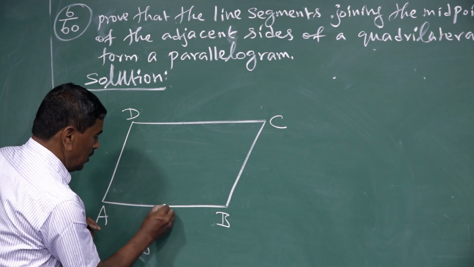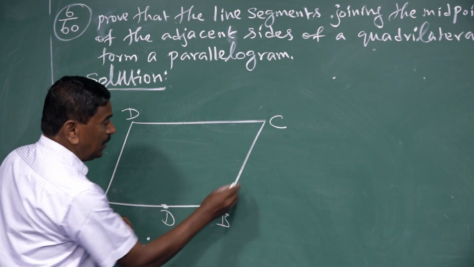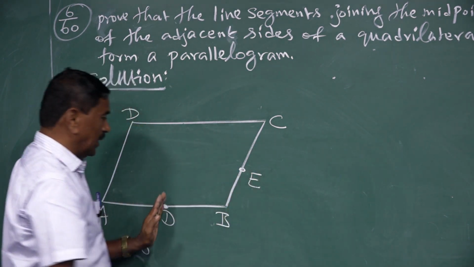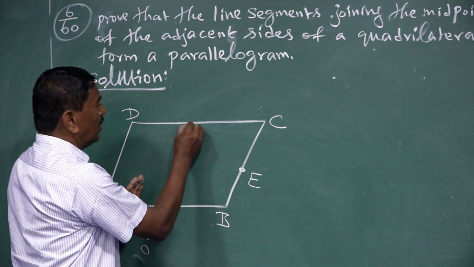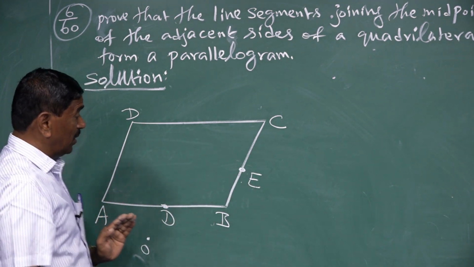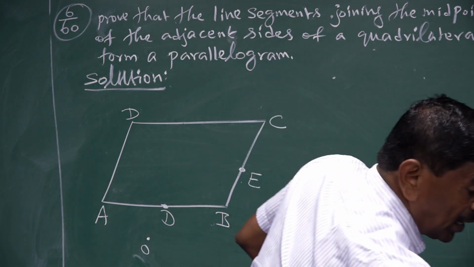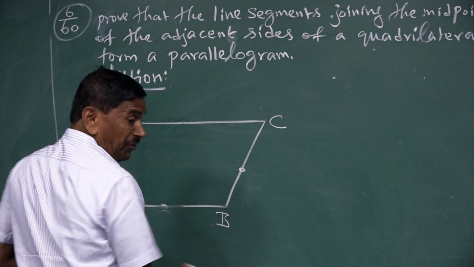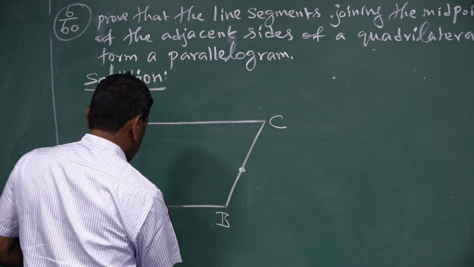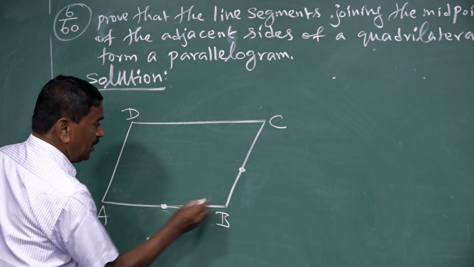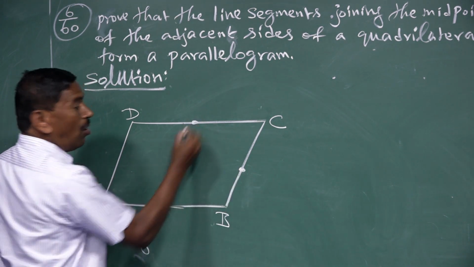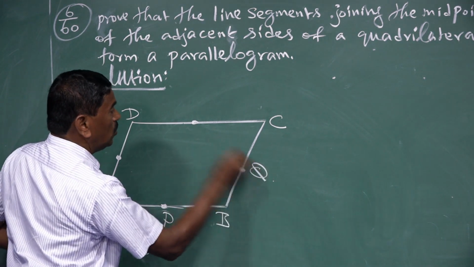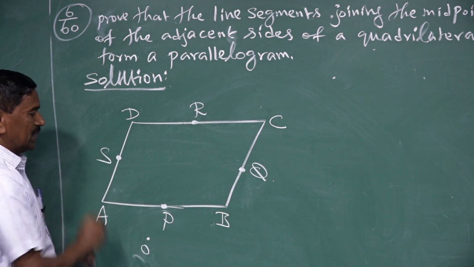So instead of D, E, F, one can take PQRS for our convenience. Let P, Q, R, S.